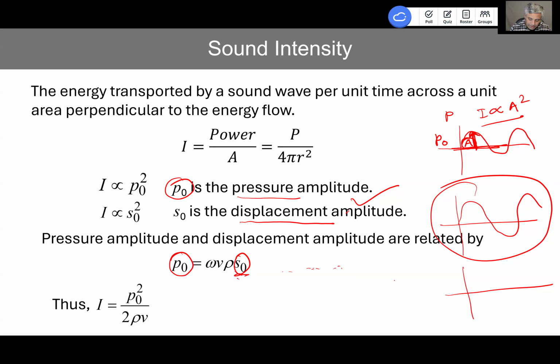So pressure amplitude is not equal to the displacement amplitude, but what happens? There is this density of the medium. So for example, if we're talking about gas, then that's going to be density of gas. If we're talking about sound traveling in water, then that's going to be density of water. And of course, this is going to be speed.